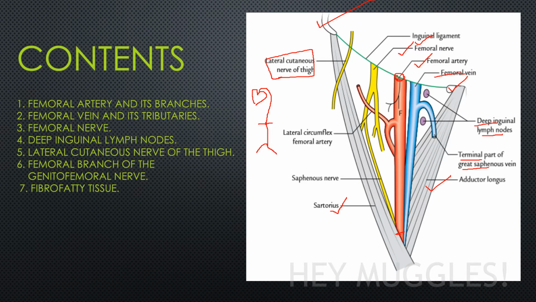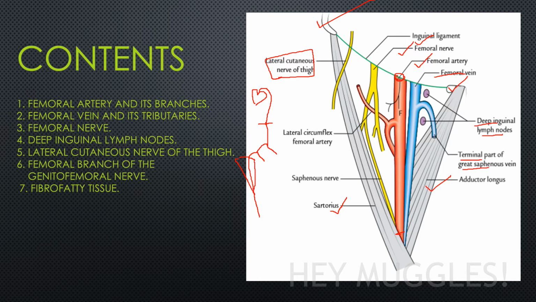Let's say the right common iliac is dividing into external iliac and internal iliac. The external iliac, after crossing the inguinal ligament, becomes femoral artery. The femoral artery in the femoral triangle, let's say this is your femoral triangle, right?